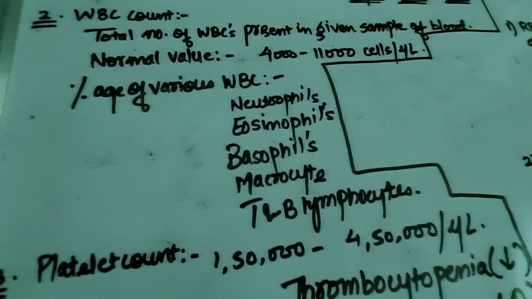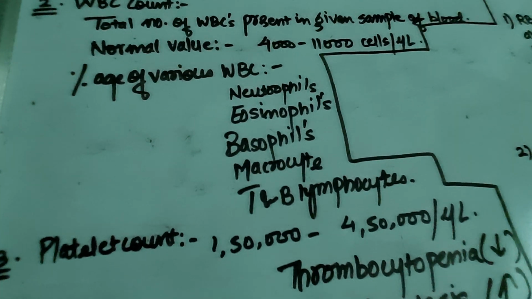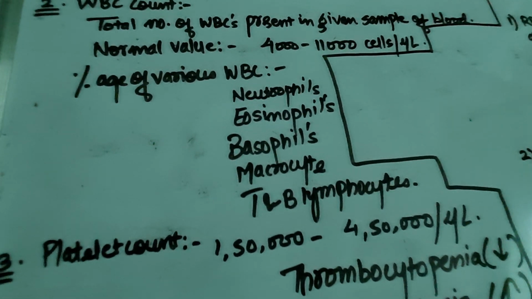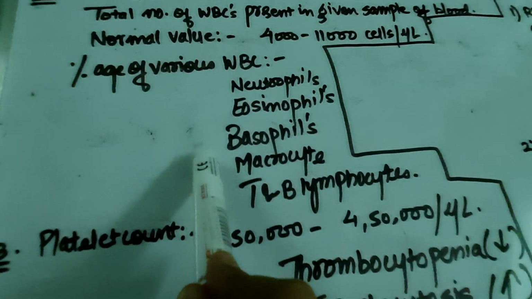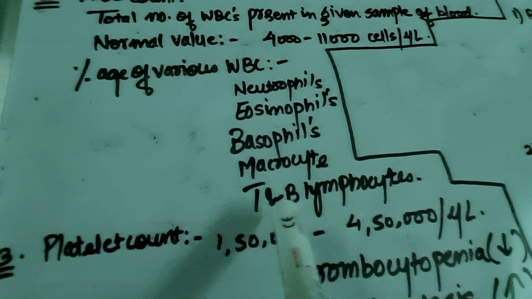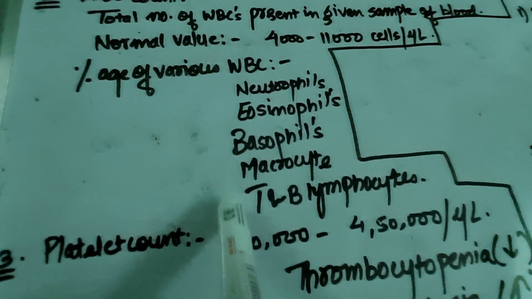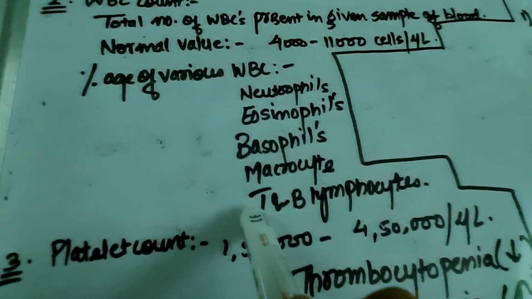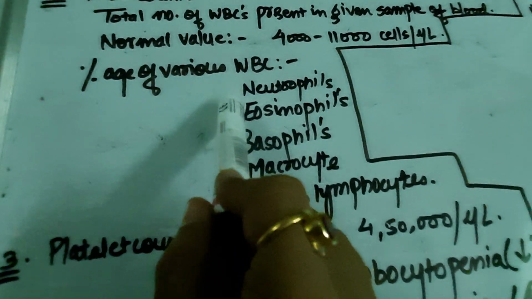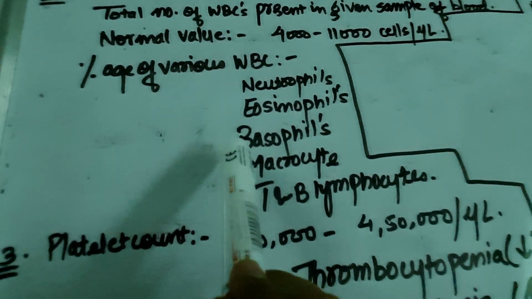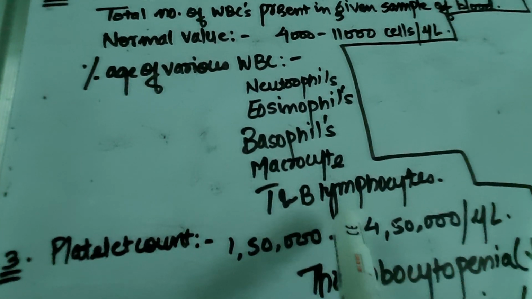The next estimation is of the percentage of various WBCs present, which gives you the percentage of neutrophils, eosinophils, basophils, macrocytes, T and B lymphocytes. I'm not telling you the normal values of these here, but we also get to know about these percentages in complete blood count.